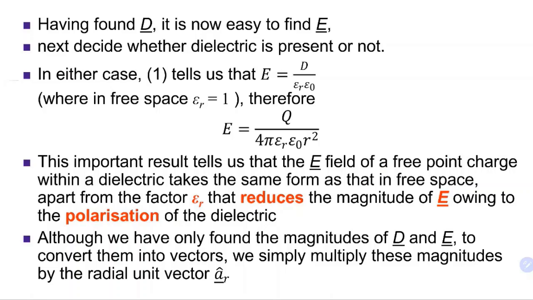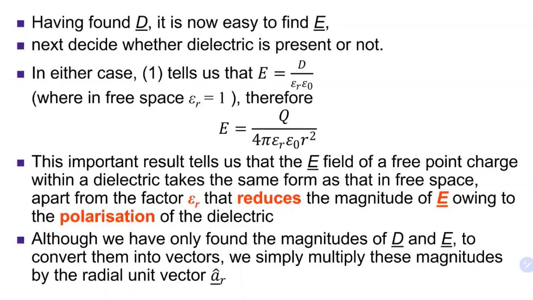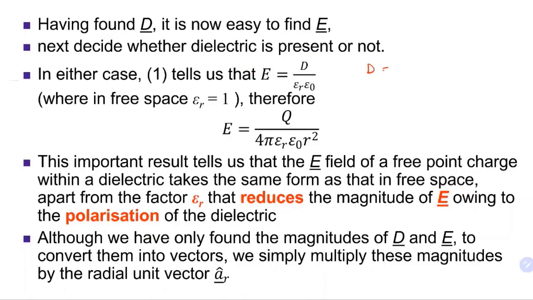Carrying on from my slide, but I already said this. If we found D, we can find E by applying the relationship. So D is equal to epsilon R epsilon naught E. And therefore, we can rearrange that for E. E will be equal to D over epsilon R epsilon naught.